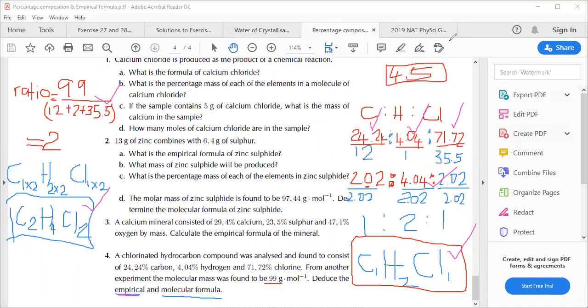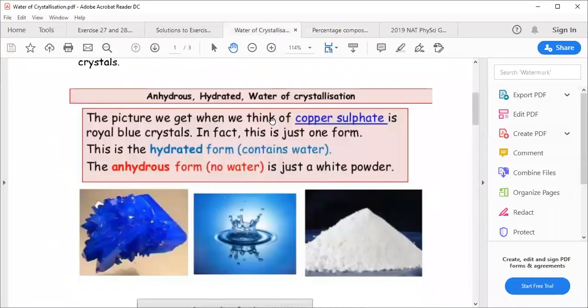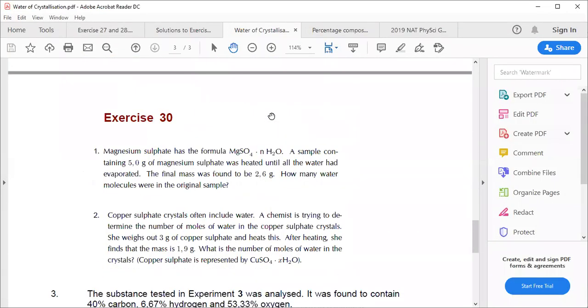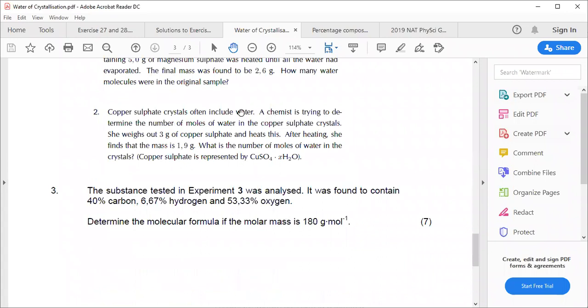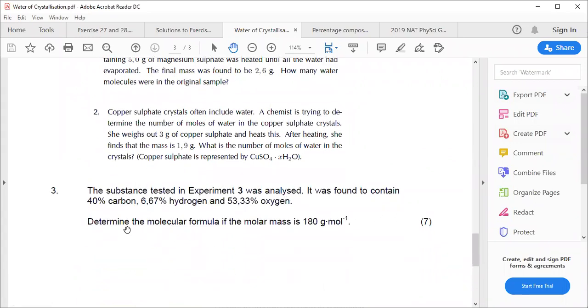Let me just check on the activity that I gave you. Water of crystallization, this is the part that you have. I'm gonna add more questions here. You guys, you do number 3. I'll add more.